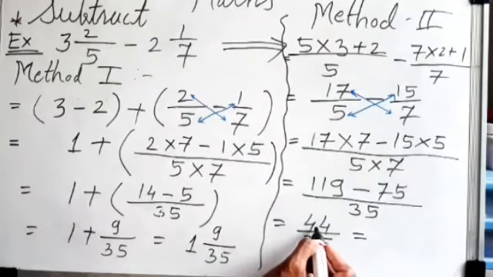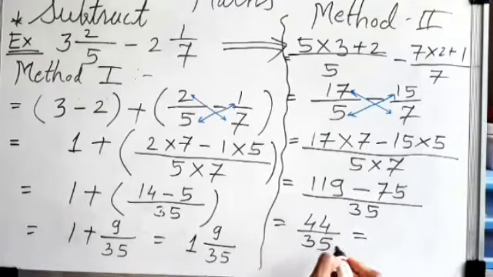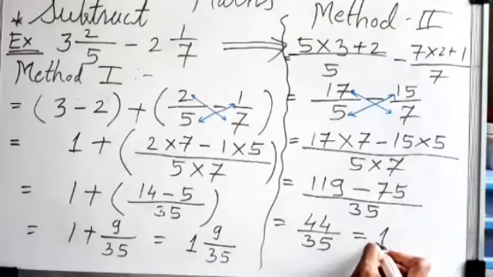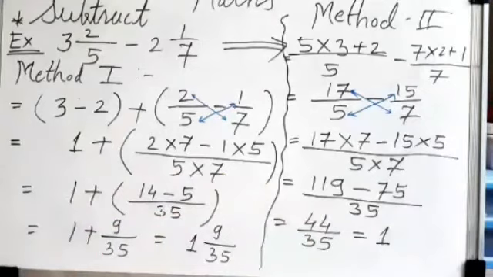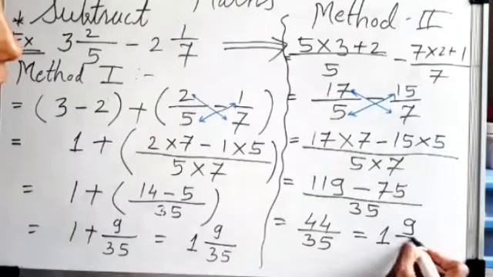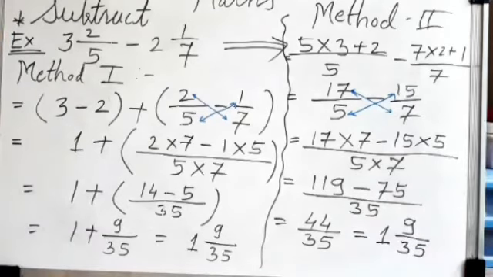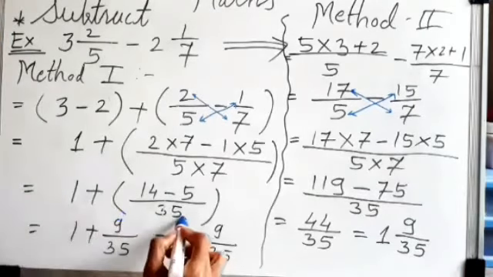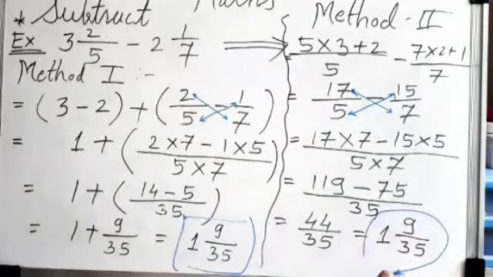Obviously 70 is bigger than 44, so you have to take the smaller number. 35 ones are 35, then 44 minus 35 will come 9. That 9 will come here as the numerator and the denominator as it is. So you can check, by both the methods we get the same answer.